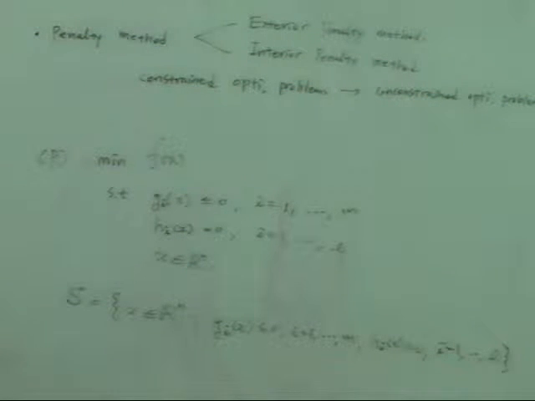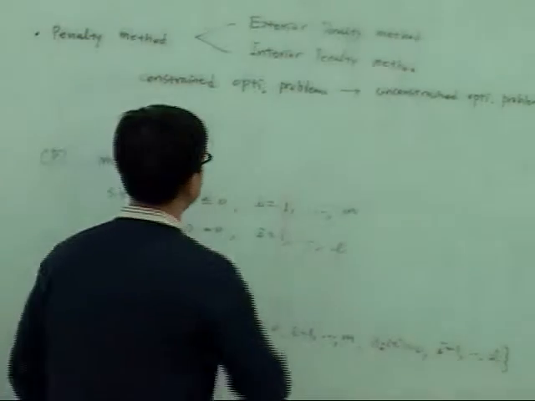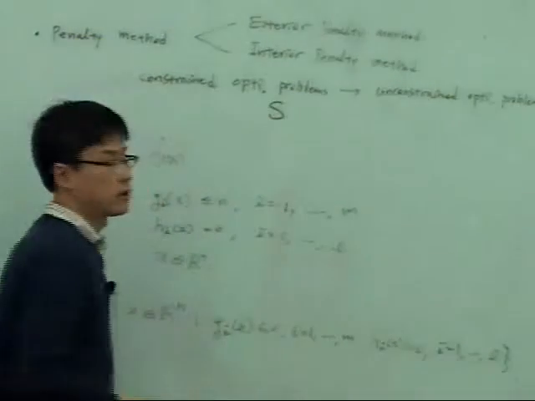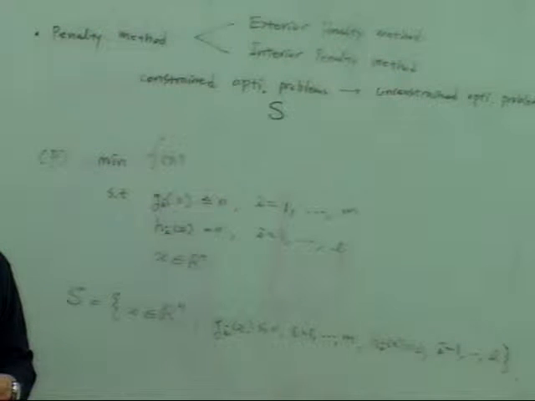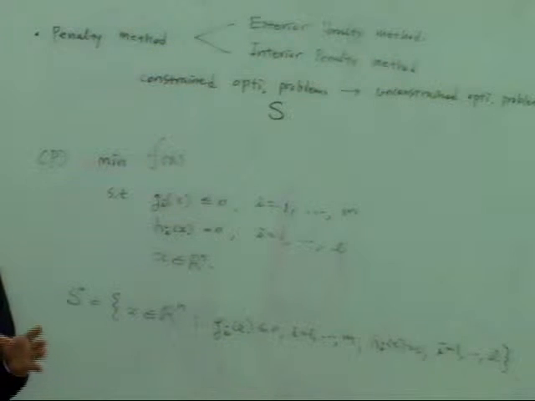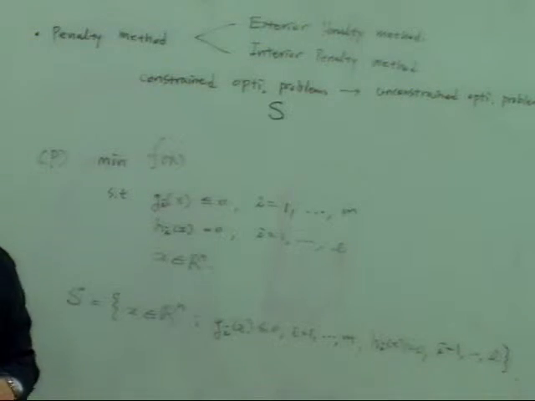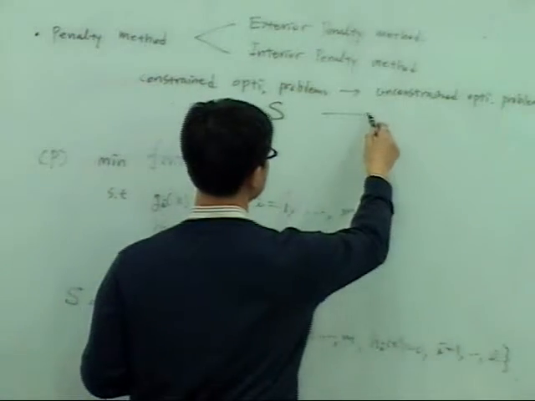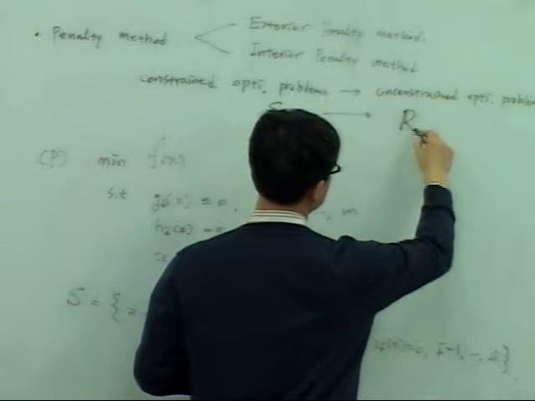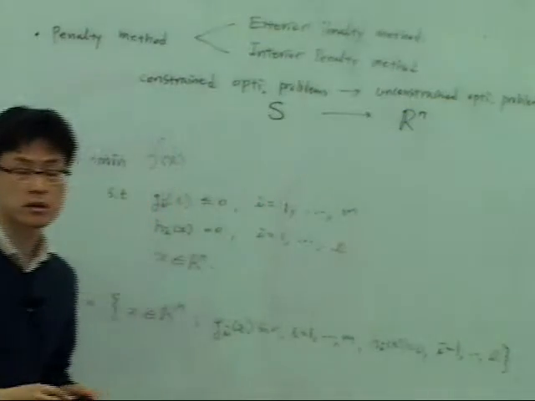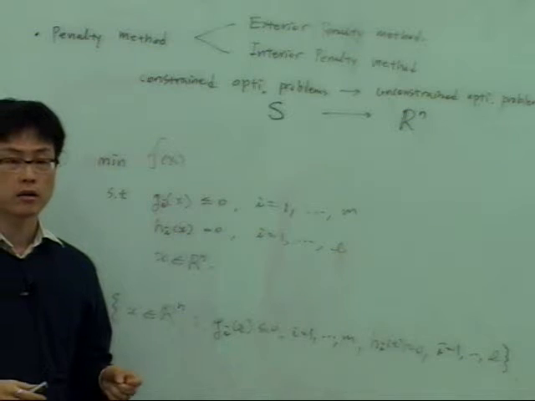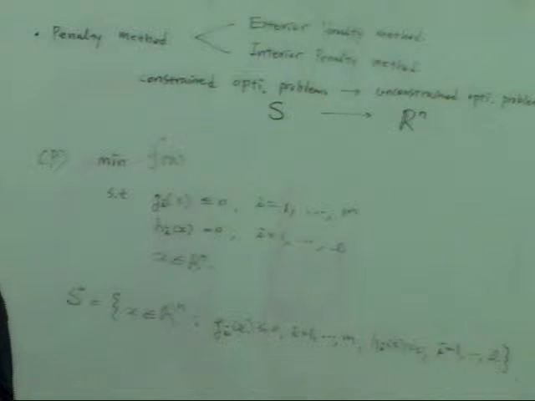The idea of this penalty method is to extend this feasible region. In a constraint optimization problem, our only feasible region is S. However, in this penalty method, our feasible region becomes this, exactly the same as unconstrained optimization.